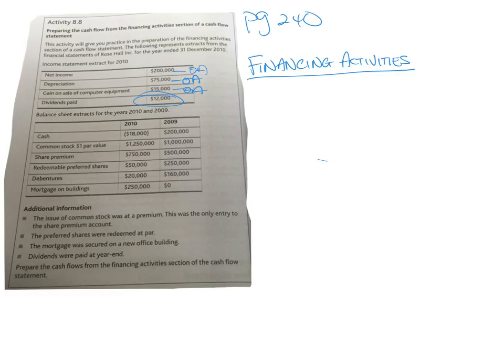Dividends paid, we would put that within our financing. Dividends paid, and it was 12,000 and we want the actual amount paid, and it will be negative because the money is going out.